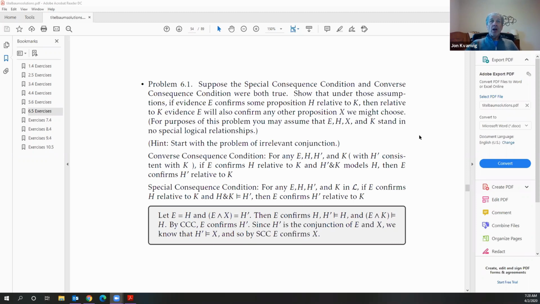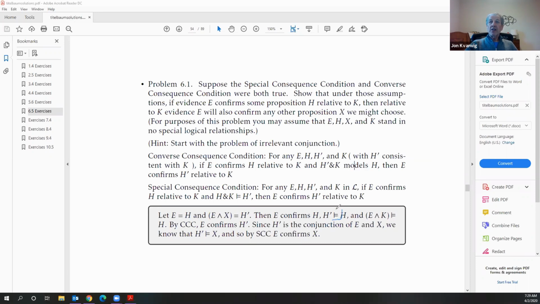But 6.1 says, let's assume special consequence and converse consequence. And both of them have to do with 4 items: some evidence E, 2 hypotheses, H and H prime, and background information, K. So the antecedent of converse says, if E confirms H relative to K, and H prime and K models H. This is a synonym for entails.